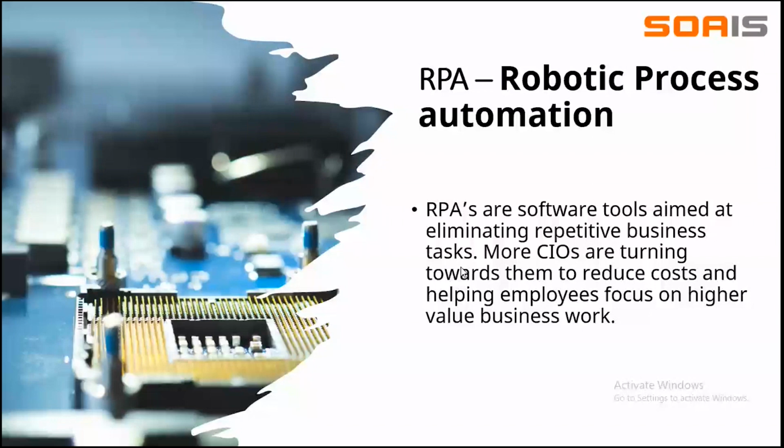Whatever we were doing as data entry or other repetitive tasks has been replaced by software bots, which work based on rule based conditions and are more effective than manual work. So robotic process automation has had a very big impact in the industry in eliminating repetitive business tasks.